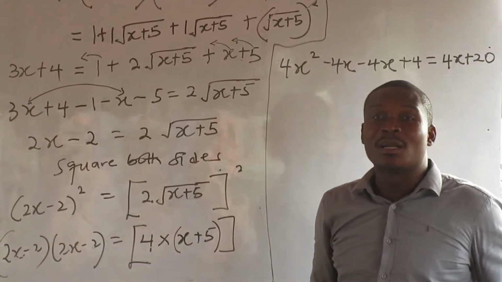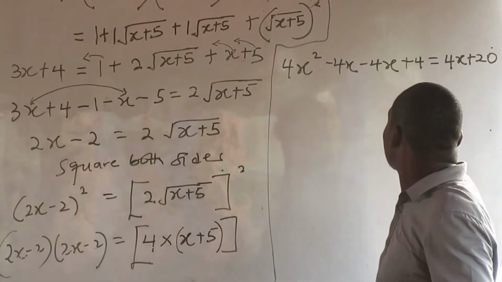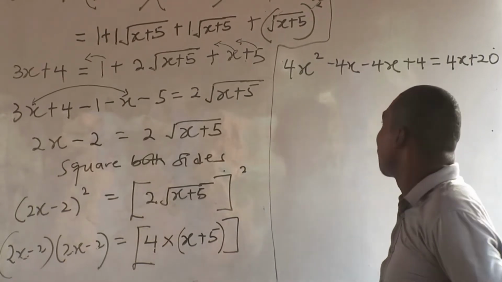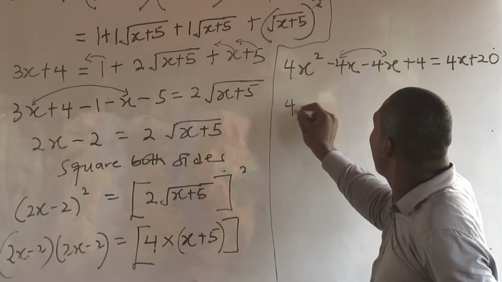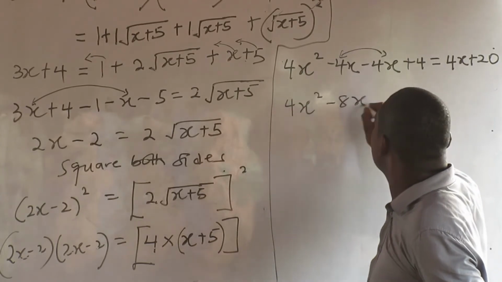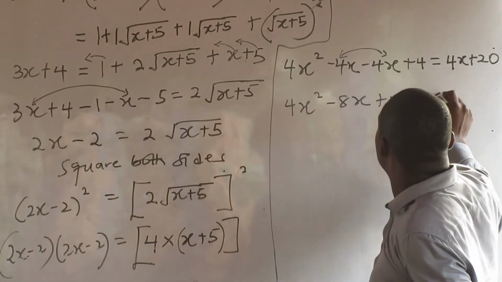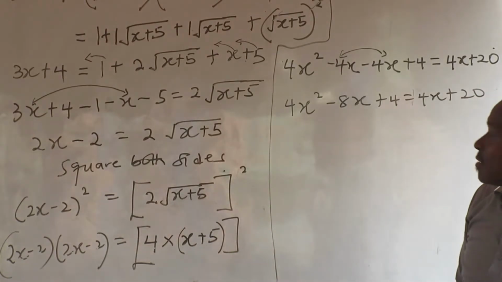Good. Now the equation is undergoing what we call simplification, right? So I have 4x squared minus 8x plus 4 equals 4x plus what? 20.